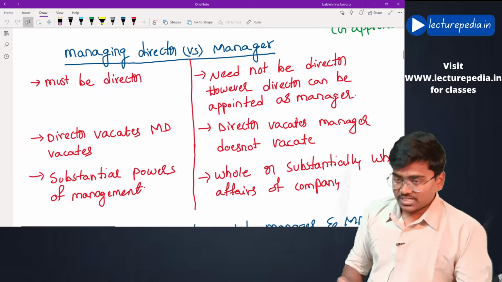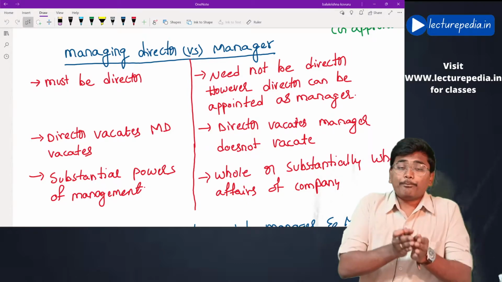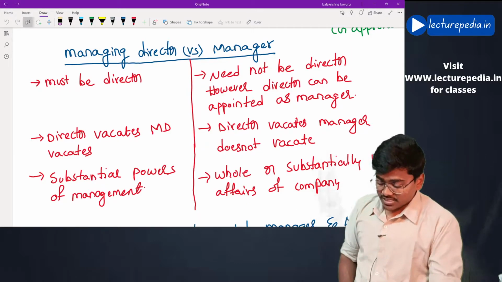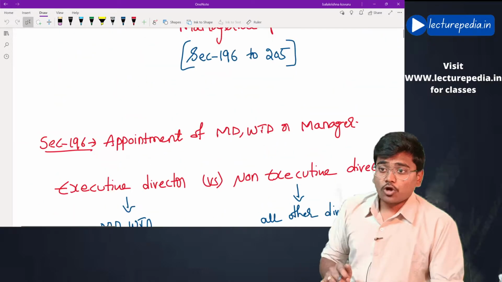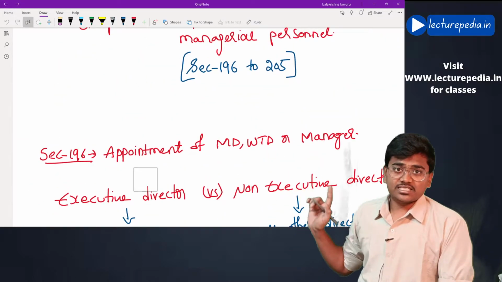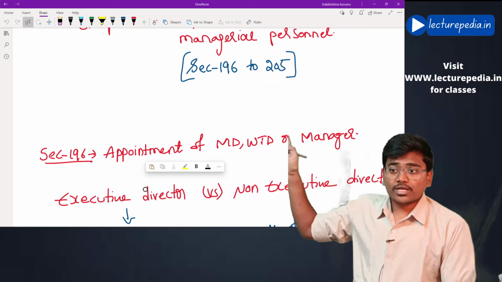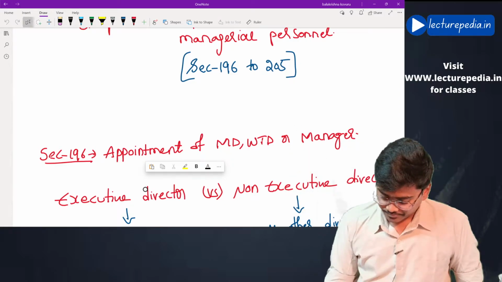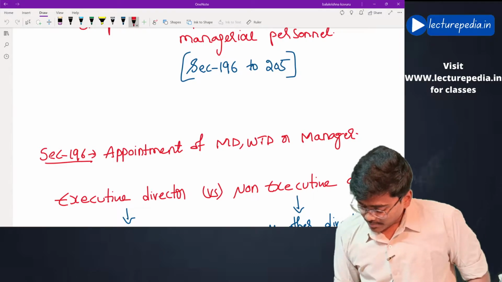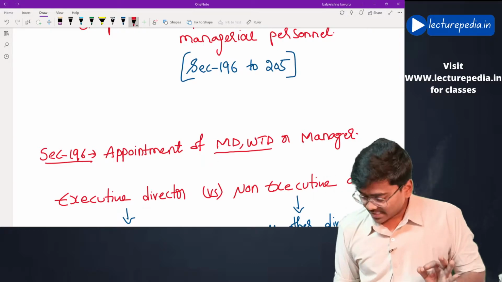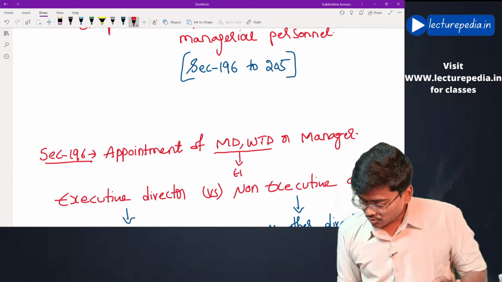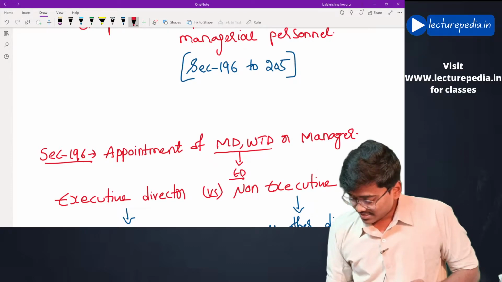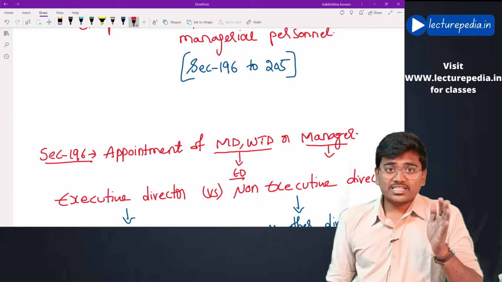First of all, before discussing that, we will see the difference between managing director and manager. See, manager is also appointed as per section 196 only, and managing director, whole time director are also appointed as per section 196 only. If you see, this managing director and whole time director are executive directors, but manager is not an executive director.